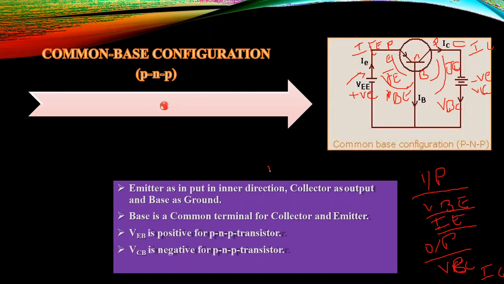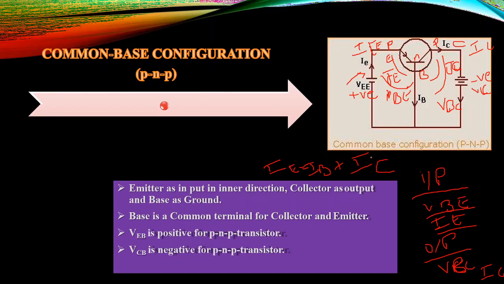We know the equation IE equals IB plus IC. So if IB changes, then IE is also going to change. All three parameters are interdependent.